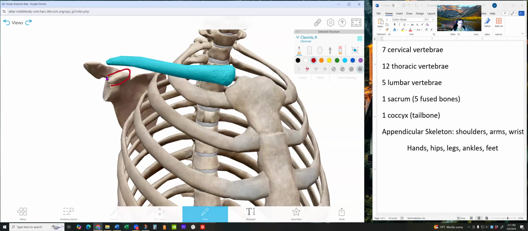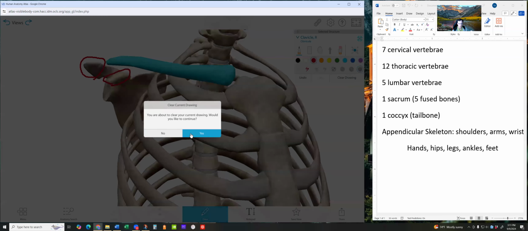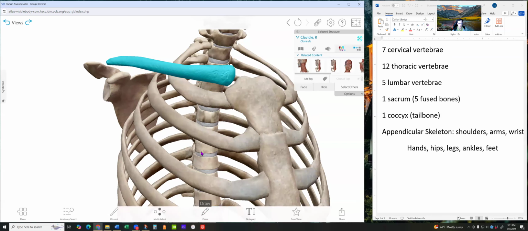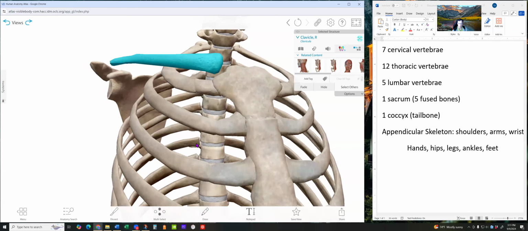This knob here is the coracoid process, and this knob here is the acromion or acromion process. Okay. All right. Let me clear the drawing. And let's continue our work.